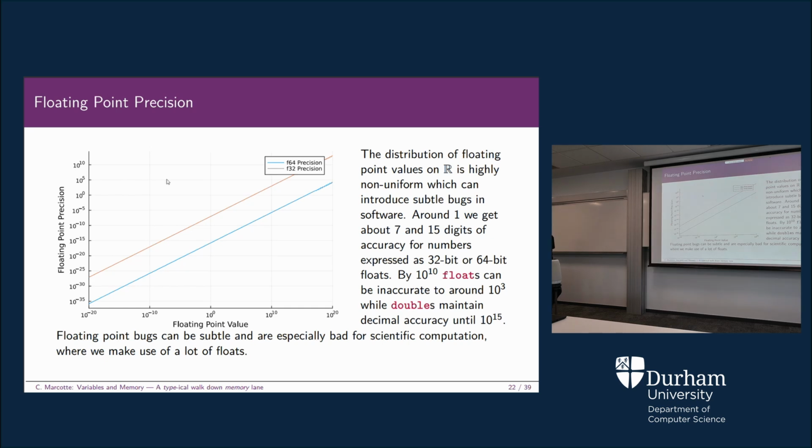So you can do really dramatically different scales of calculations with floating point numbers, but you do have to think quite carefully about how well things are being represented numerically. Floating point bugs can be very subtle, and these are especially bad for scientific computations because we tend to make use of a lot of floats.